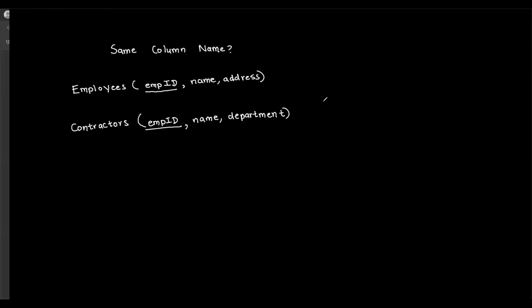You can't directly use cross product here. That's the issue. Why? Here you can see emp ID is a common column name for both relations. Similarly, name is also the same in both relations.